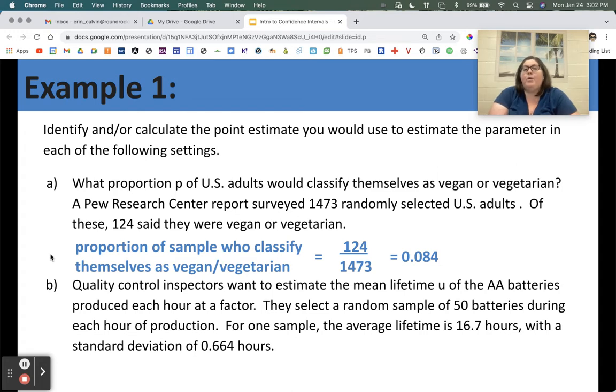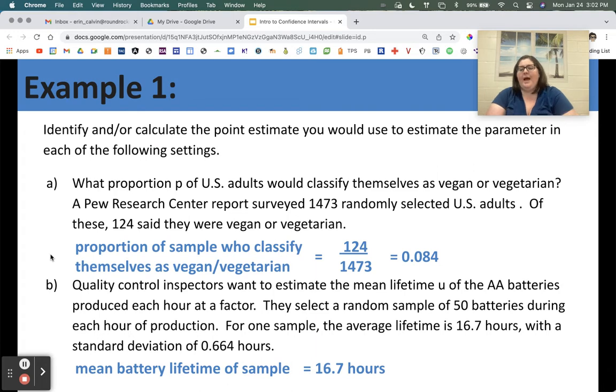So again, our parameter is the true mean lifetime for all AA batteries produced each hour, but they produce so many batteries that it would be a ridiculous amount of work to actually calculate the true mean for all the batteries. So they're going to take a sample, and their point estimate would be the mean battery lifetime of the sample of 50 batteries that they took, which was 16.7. So that is our point estimate for that situation.